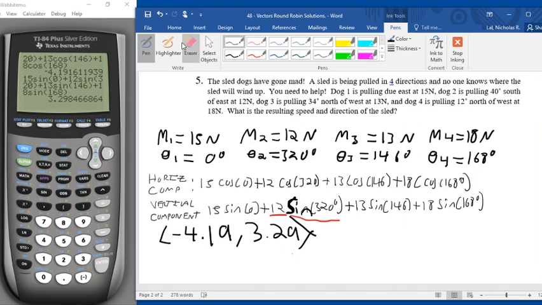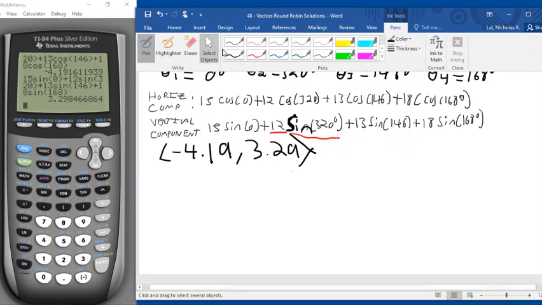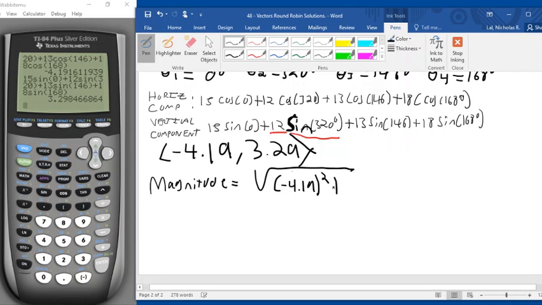Alright, and from this value, our component form, we can find our magnitude and our direction. So our magnitude is going to be equal to the square root of negative 4.19 squared plus 3.29 squared.